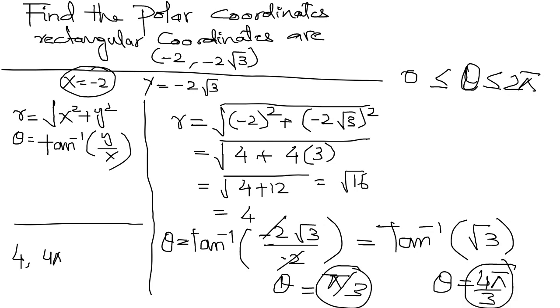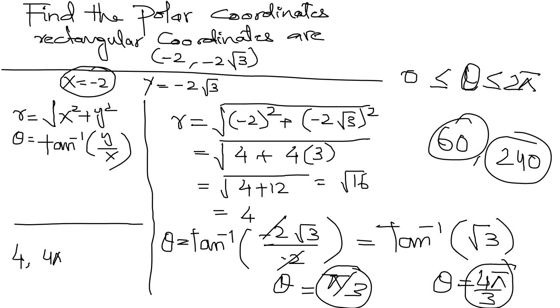And 4 pi by 3 means 4 multiplied by 180 divided by 3, which is 240 degrees. One is 60 and one is 240. You will have the same value of tangent inverse of square root of 3.